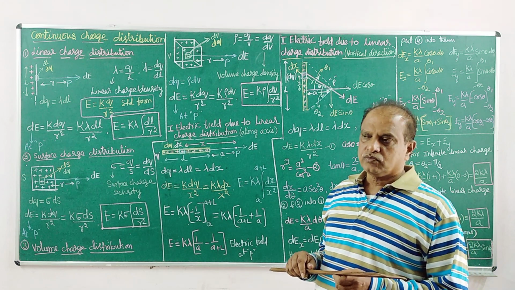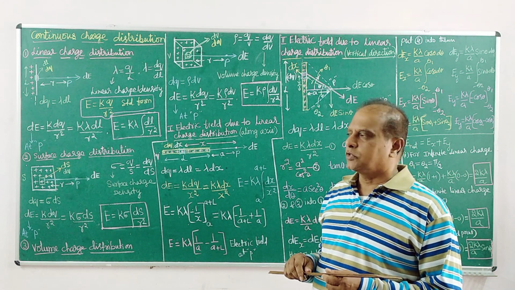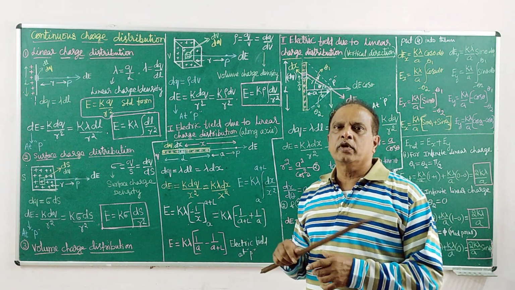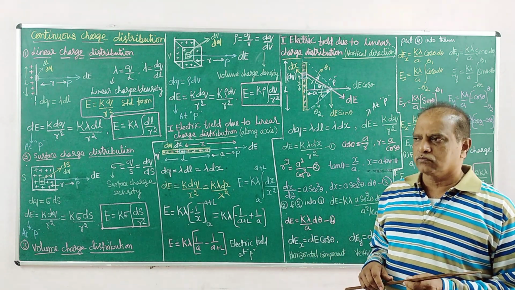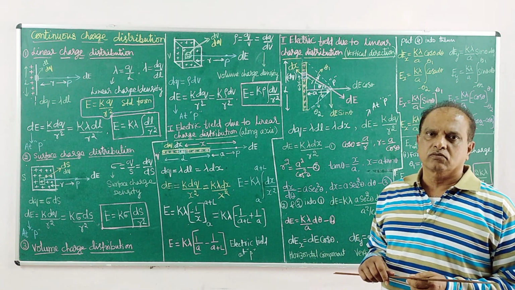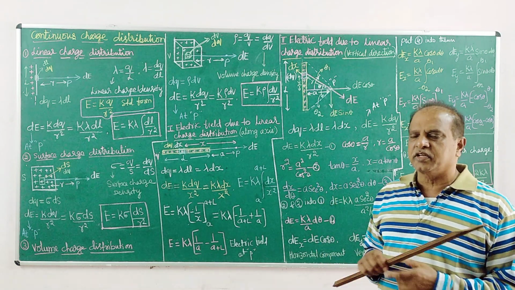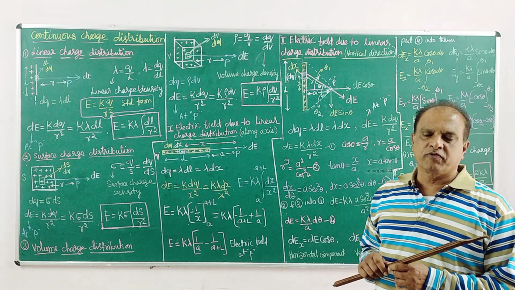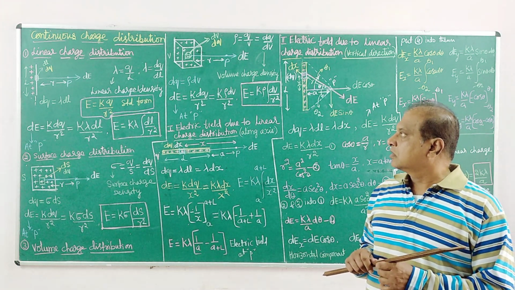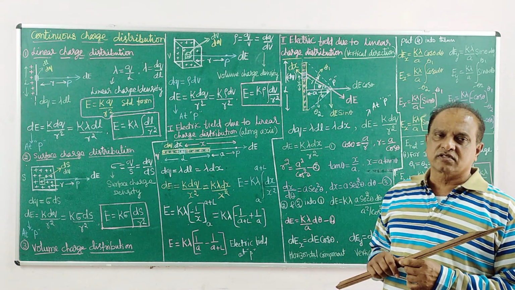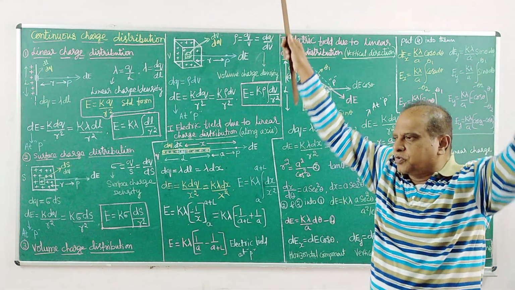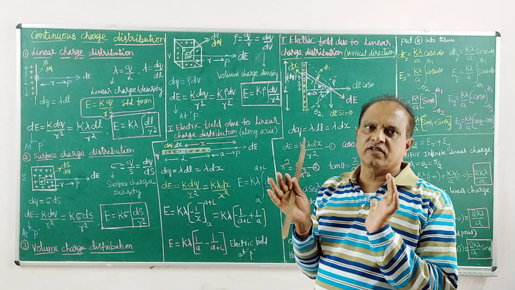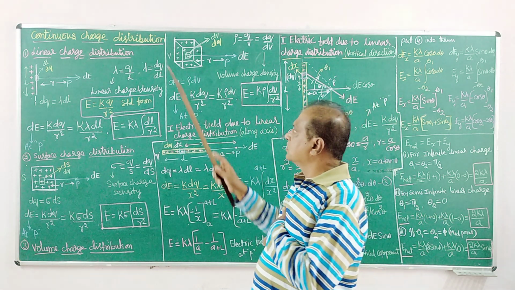All the charges on the surface are bound together, closely associated with each other with no space or little space in between them. That kind of distribution is called continuous distribution. The charge distribution is continuous only when the charges are closely packed on the surface.